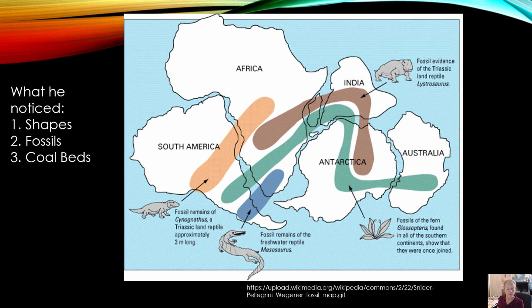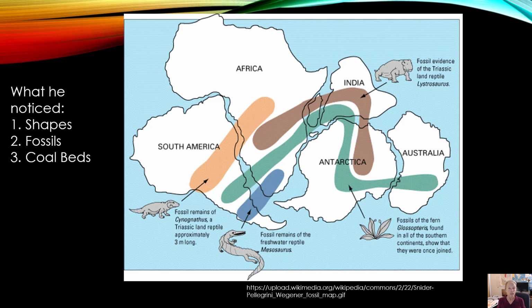The evidence he used was basically shapes, fossils, and, well, instead of coal beds, put paleoclimate down there, because coal beds is just a part of paleoclimate. I'll fix that later. Anyway, the shapes I'm talking about are the continental shapes.